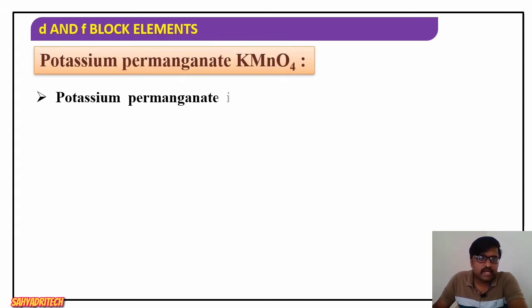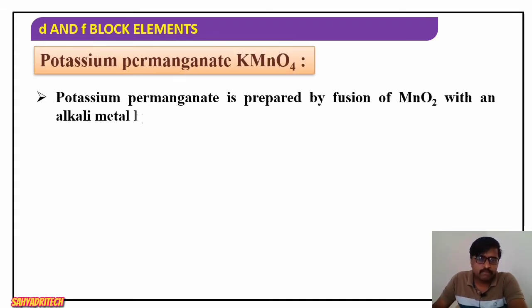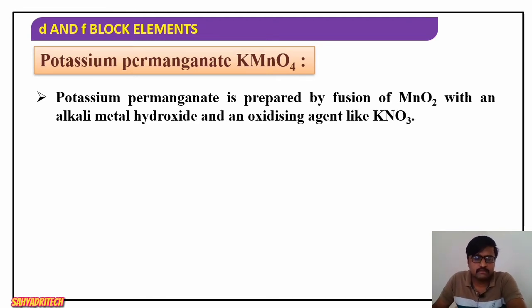Well, now how is potassium permanganate prepared? It is prepared by fusion of MnO2. MnO2 is commonly called pyrolusite ore.